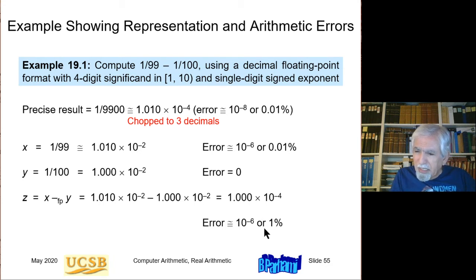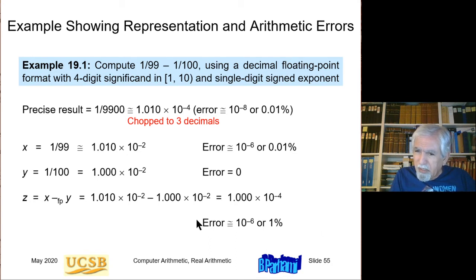So this basically shows us that floating point arithmetic introduces additional errors beyond the representation error. As I mentioned, there are two sources of errors. One is representation error, one is arithmetic errors. So both must be considered.